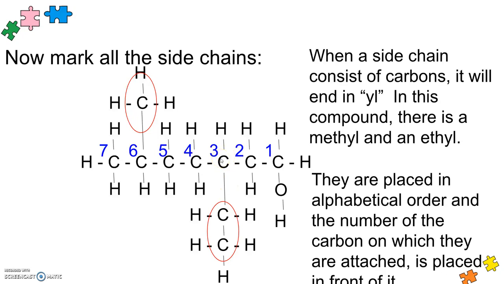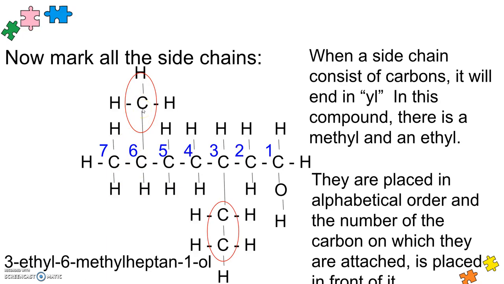In my name, my side chains are placed in alphabetical order. Since E is before M in the alphabet, in my name I will first have my 3-ethyl and then my 6-methyl.